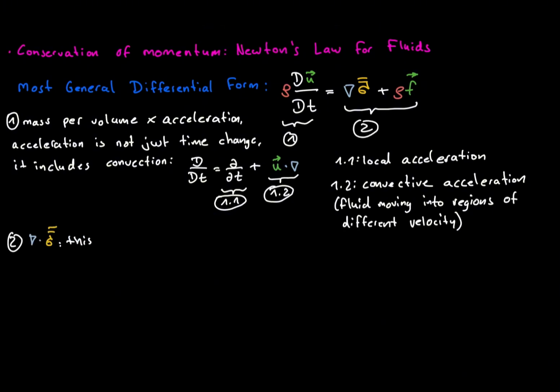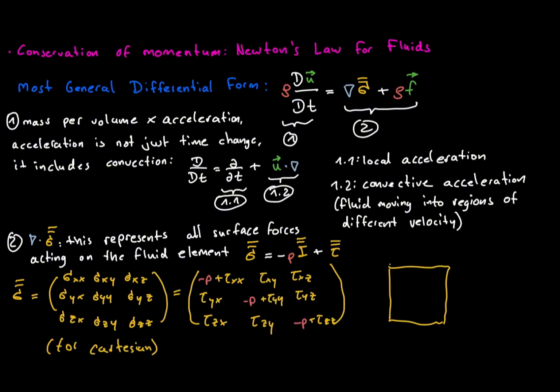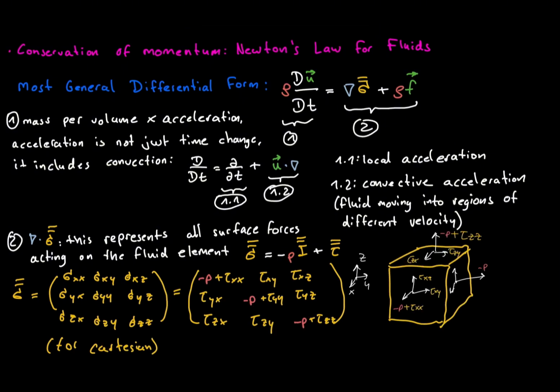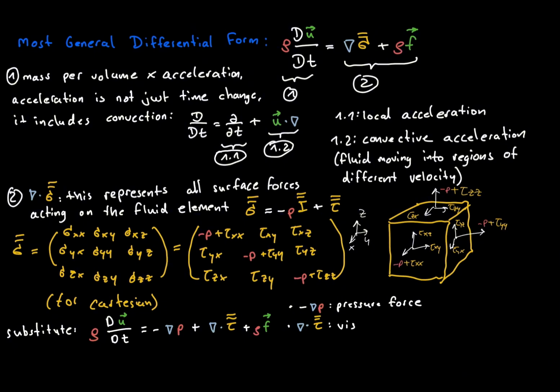The stress tensor sigma can be decomposed into minus p times the identity tensor plus tau, where p is pressure and tau represents viscous shear stresses. Substituting this decomposition gives rho du over dt equals minus gradient p plus divergence of tau plus rho f. This form clearly shows pressure forces, viscous forces, and body forces.